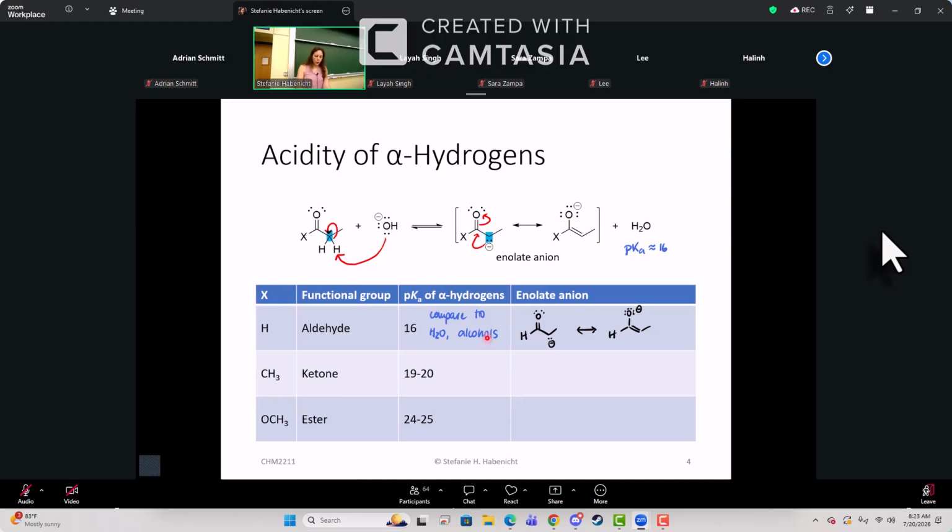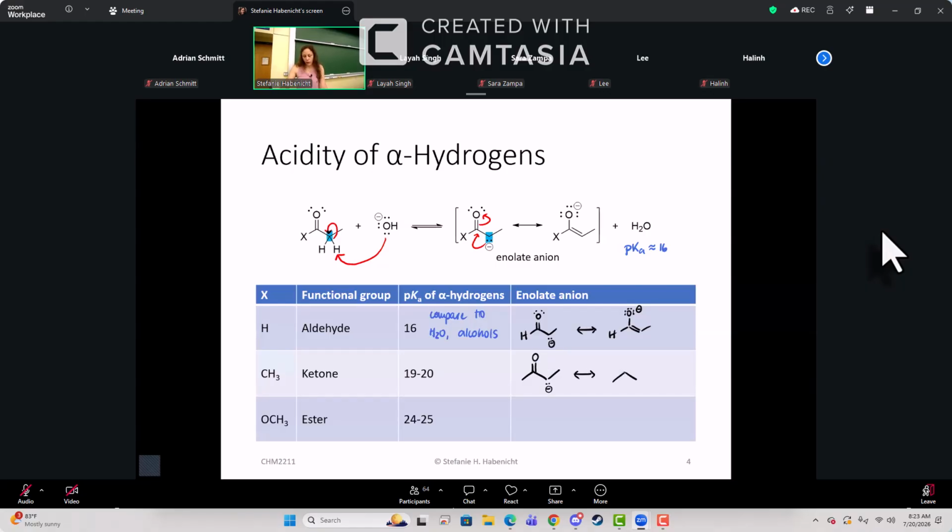All right, now what if our R group here is an alkyl group, such as a methyl group? Then we're looking at the acidity of the alpha hydrogens of a ketone, and these seem to be a little bit less acidic. A little bit means multiple orders of magnitude actually, but the numbers look fairly similar at least. So here's our enolate of the ketone.